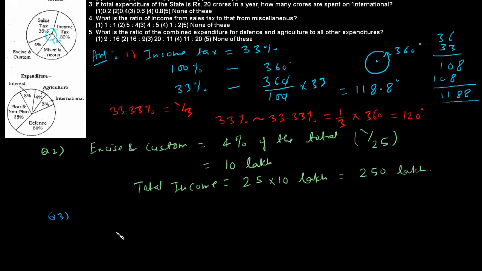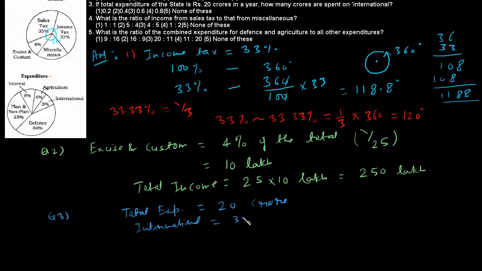So we have to calculate expenditure spent on the international part only. Now we see here that the international part contributes to only 3%.